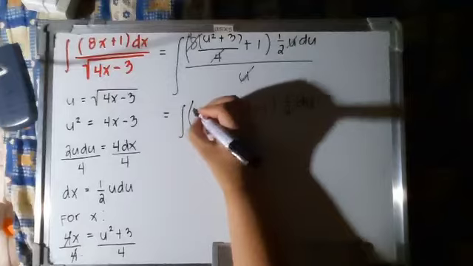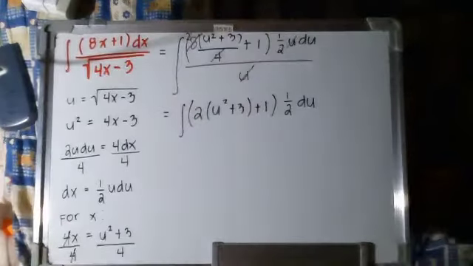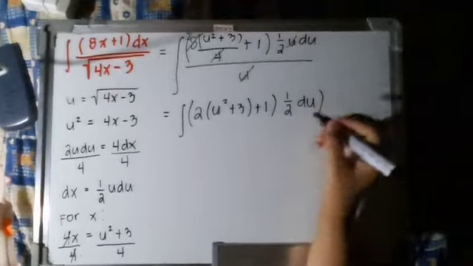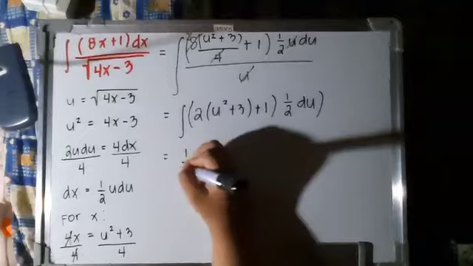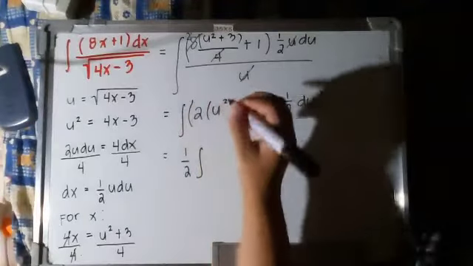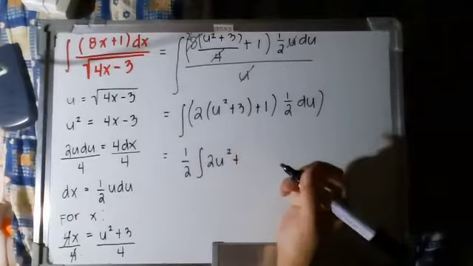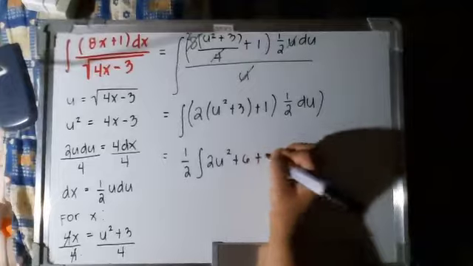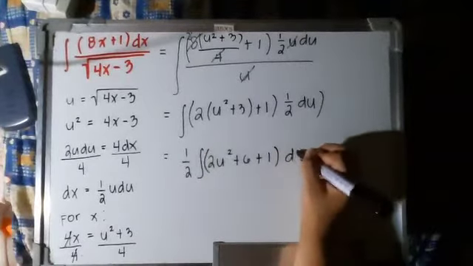So, this is not 4. Correction lang. This will be 2. 2 lang 'to. So, pwede nating ilabas yung 1/2. So, this will be equal to 1/2 integral of, etong 2, distribute na natin. So, 2u squared plus 6 plus 1 quantity du.